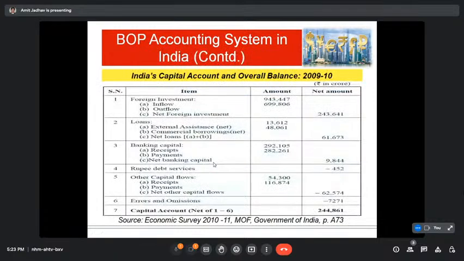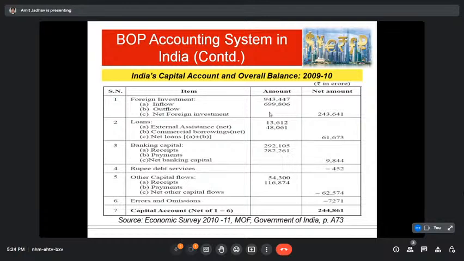Similarly, we have India's capital account. For the same year, we are trying to find out the capital account, and we look at all the inflows. Inflow of credit means the inflow of capital, which means capital will be adding amount into our country. So basically inflow means import of capital, and outflow means export of capital.